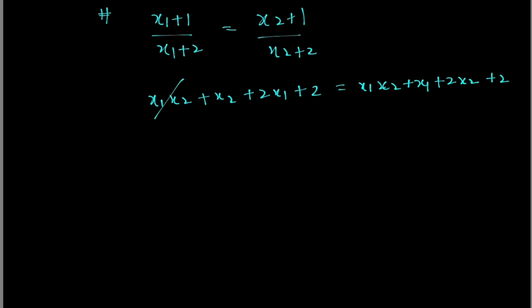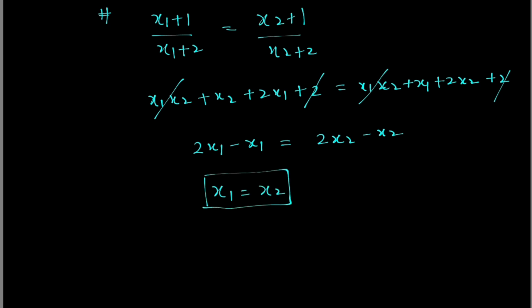So I'll cancel x1 x2 and x1 x2 on both sides, and I'm cancelling 2 and 2 on both sides. Let me write down, it is 2x1 minus x1 equal to 2x2 minus x2 on the right hand side. So I'm getting x1 equal to x2.